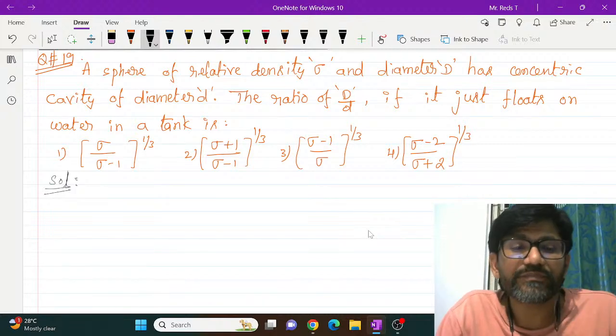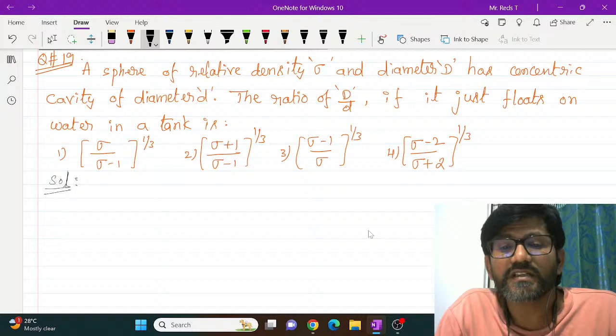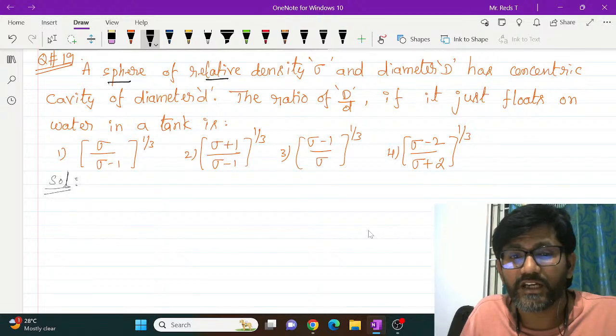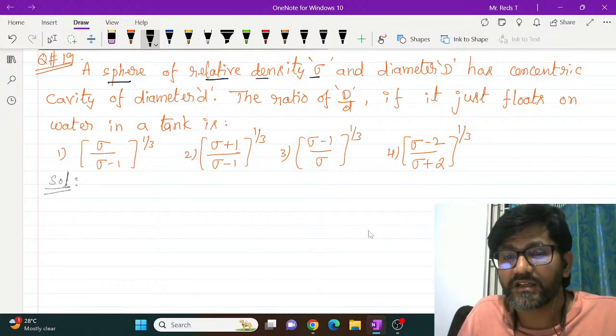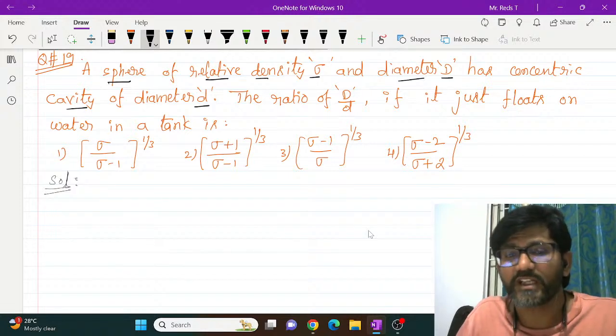The question is, a sphere of relative density sigma and diameter D has a concentric cavity of diameter d. Cavity diameter is small d.